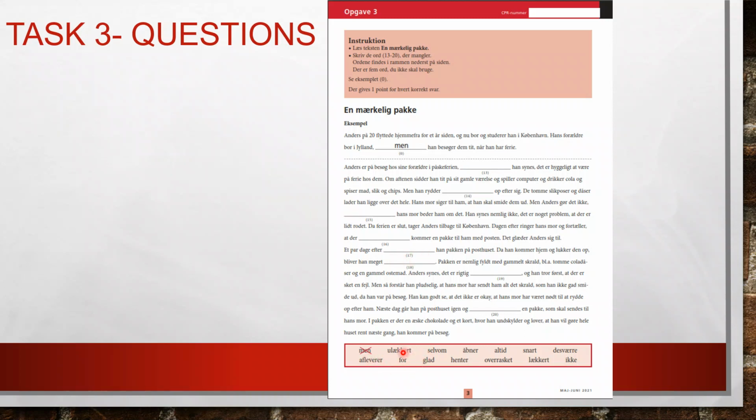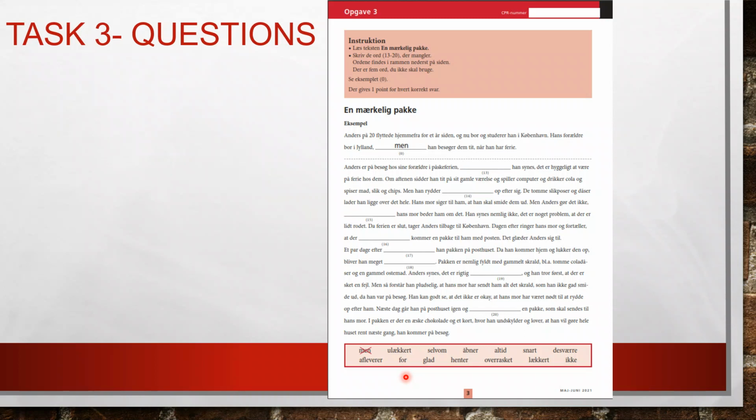You have to put the right word from the given list at the bottom of the page. Just watch out that there are 8 missing words here, but there are more than 8 words in the list, so it is not a one-to-one match, right?